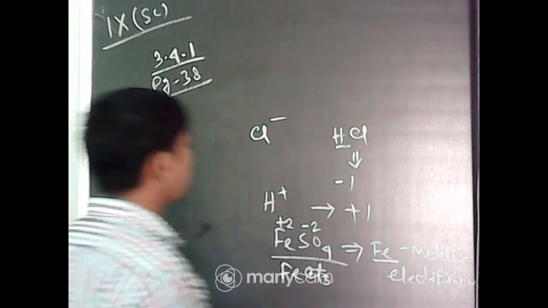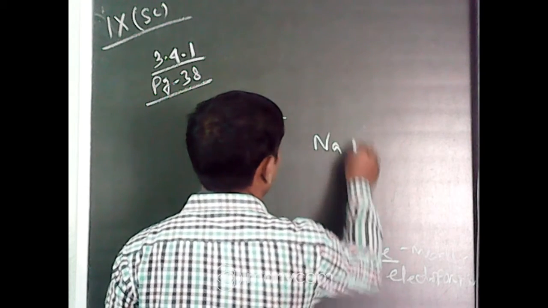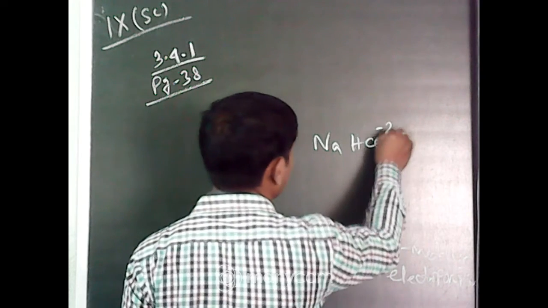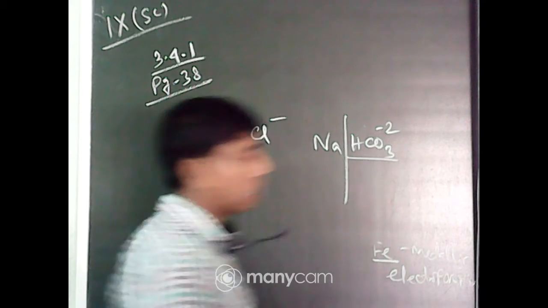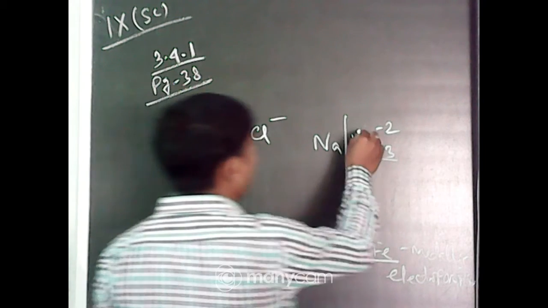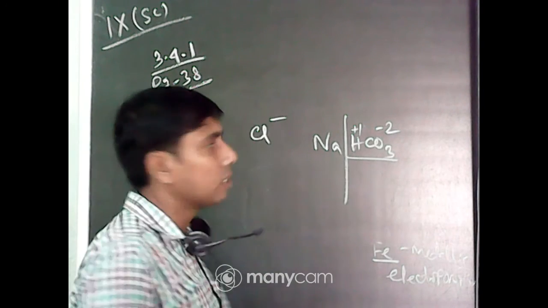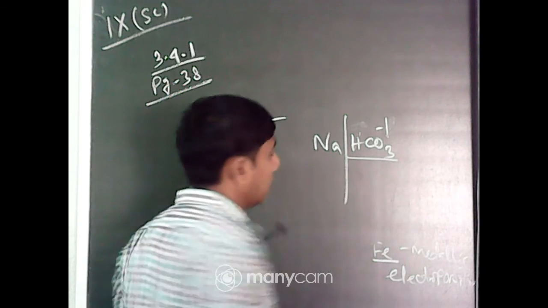For example, sodium bicarbonate, NaHCO3. Now the valency of carbonate is -2, but when a hydrogen atom is attached to the carbonate, one positive charge of hydrogen neutralizes one negative charge, and the remaining charge on the bicarbonate is equal to -1.